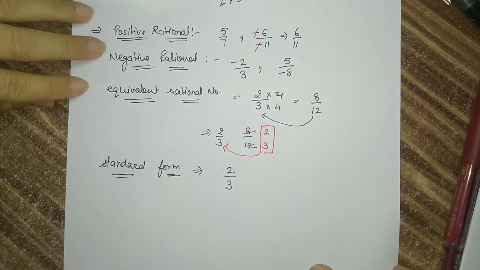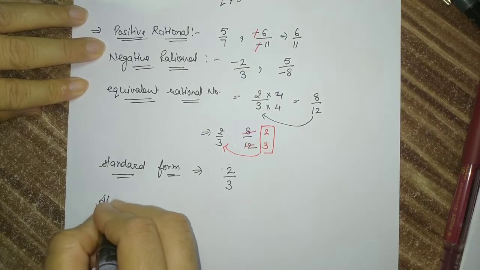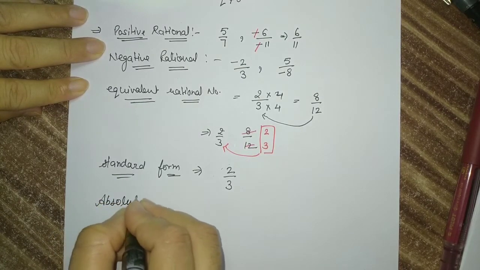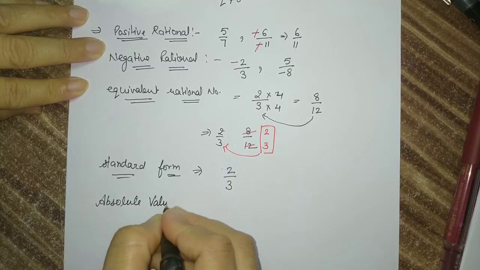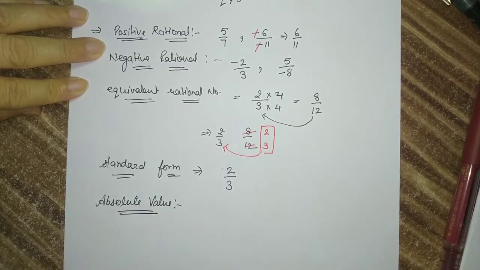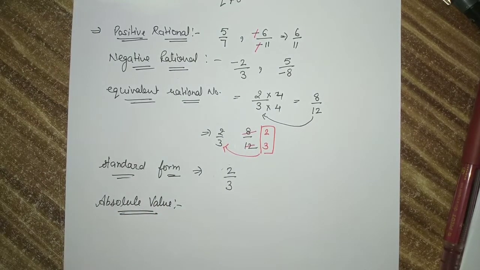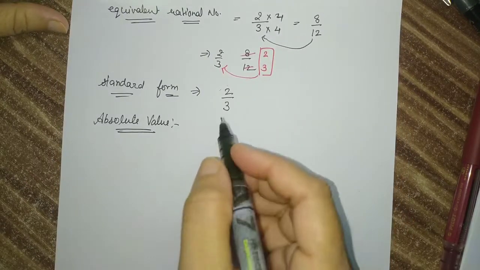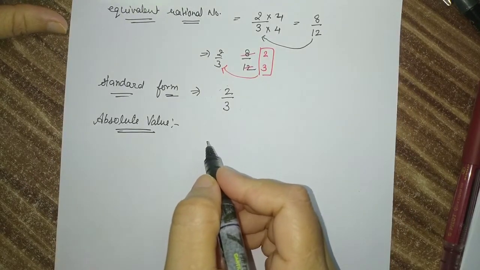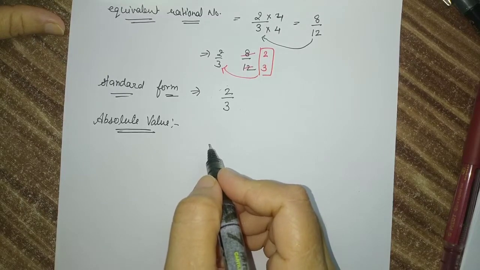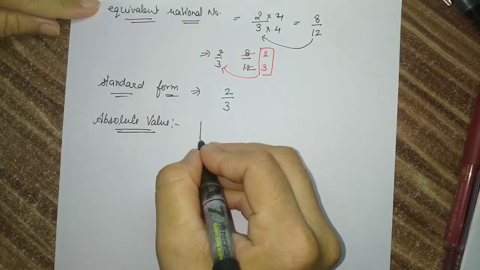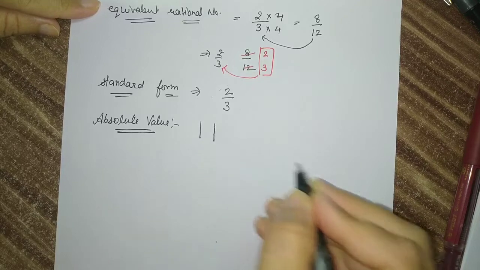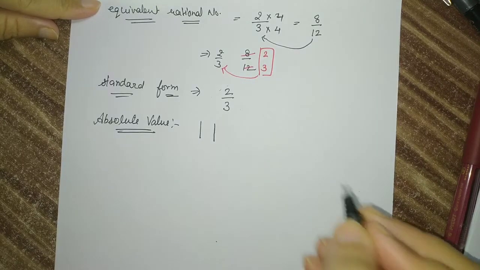Now then, absolute value of a rational number. Absolute value means if we find the absolute value of any number, then we write the number without sign. Two vertical standing lines are used as the symbol of absolute value.